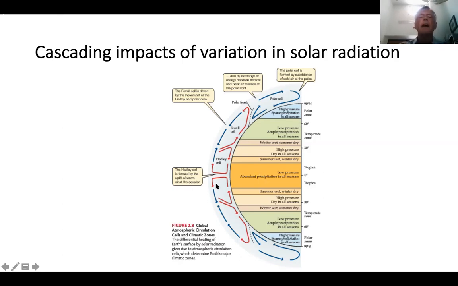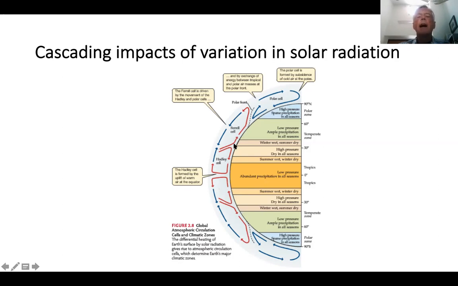As a result of that, this uplift that occurs right at the equator is where all the rain falls. As you go up to about 25 or 30 degrees north or south latitude, we have the air falling down toward the surface of the Earth. That becomes a high pressure area of the Earth, all right?